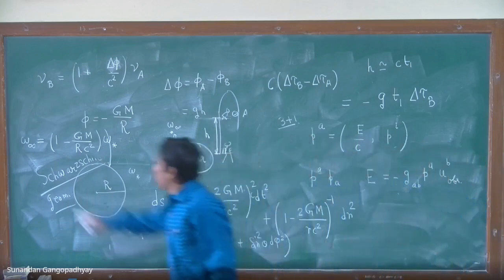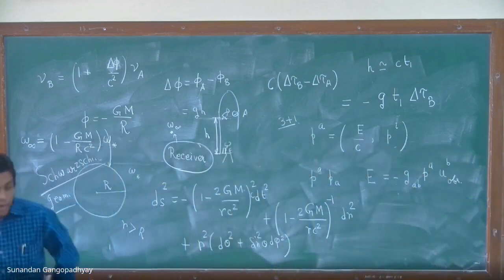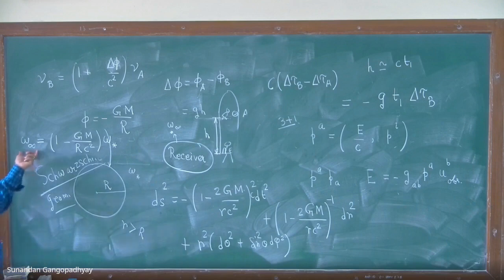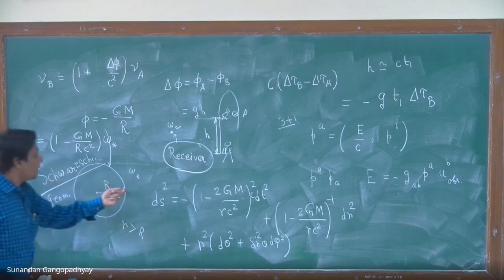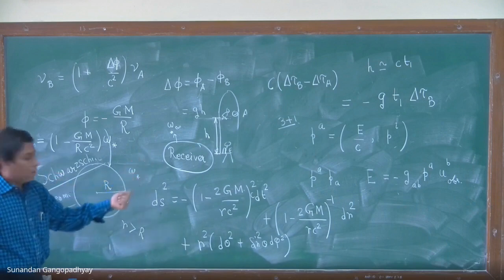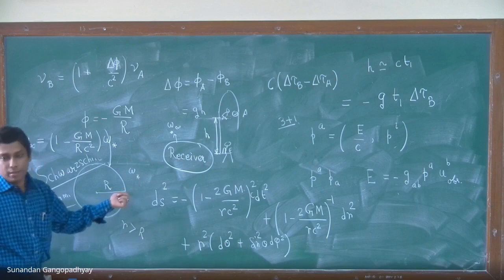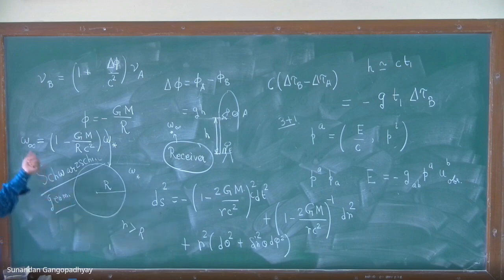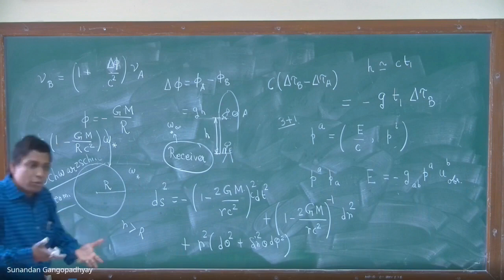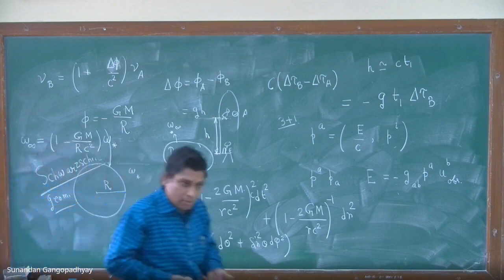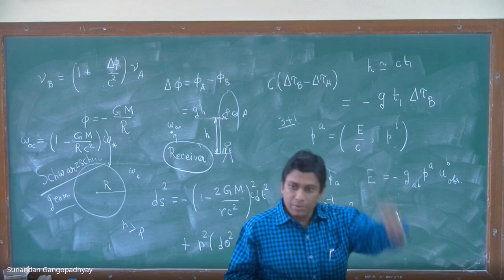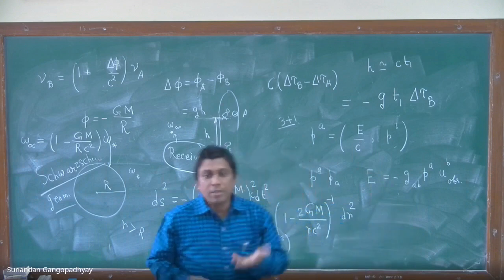So you can see that omega infinity is this thing. The signal means a photon. The photon emitted from the surface of the star has energy omega star, and the same photon, when received at infinity, will have energy omega infinity. So the energy of the photon that I will measure from the surface of the earth, from some distant object, will be smaller.